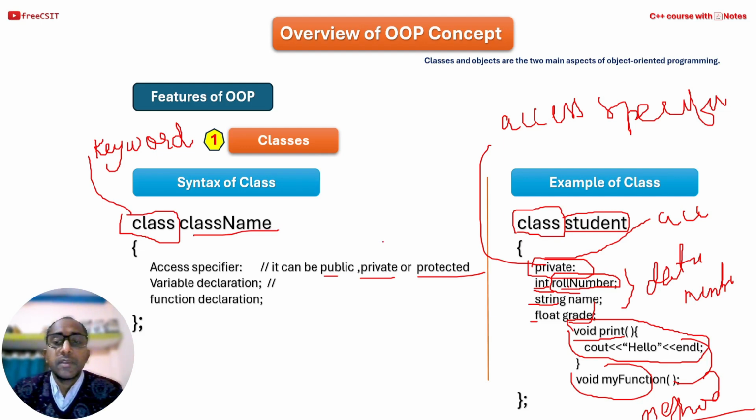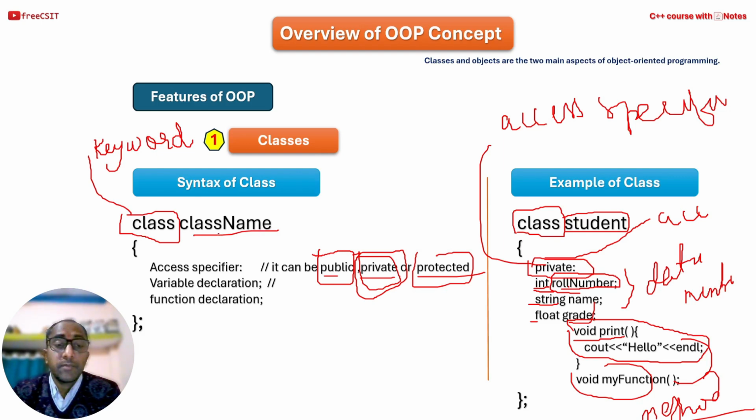So it specifies the members. Attributes and methods of the class are not accessible from outside the class. It is used to decide where the data will be accessible. If we protect it with private, it will not be accessible outside of the class.